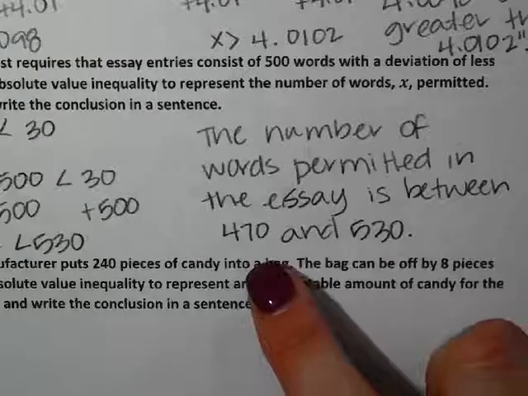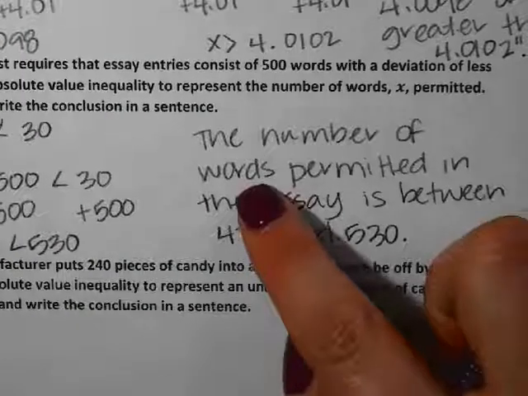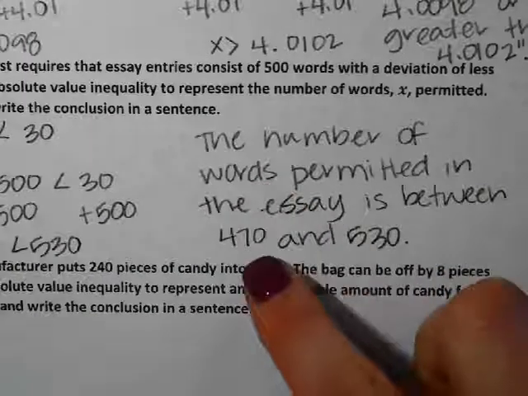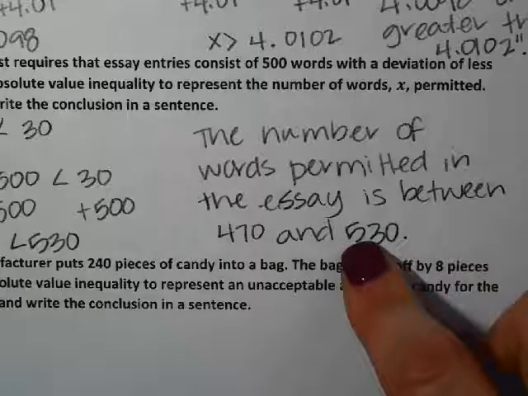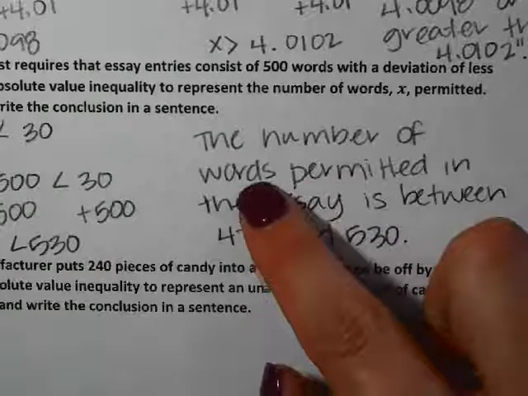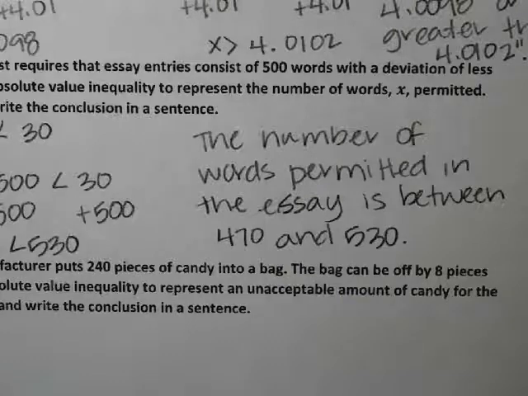Now this time, because I said the number of words in the beginning of the sentence, I don't have to say 470 words, 530 words, because I already said my unit of measurement in the beginning of the sentence.